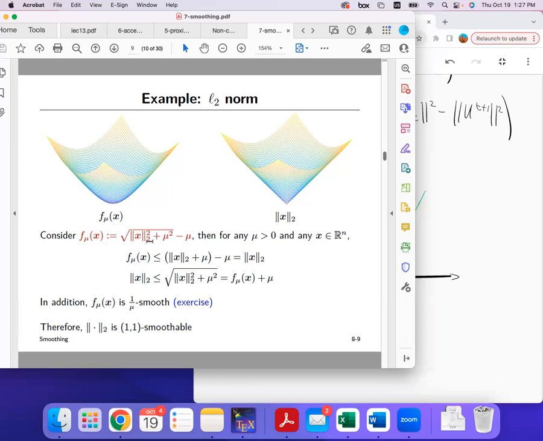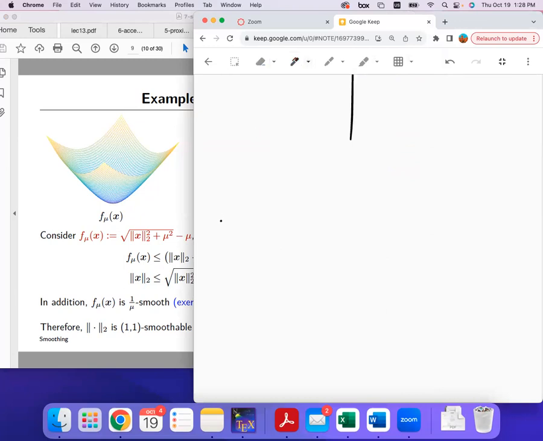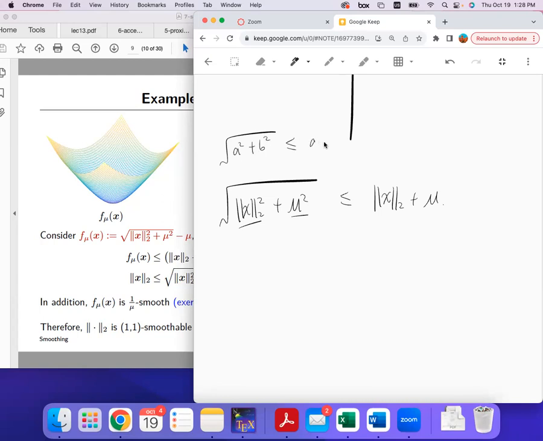First of all, this function is less than or equal to the L2 norm, because f mu of x, this square root, is less than or equal to the L2 norm plus mu, by this fundamental inequality: for any two positive numbers, the square root of the sum of squares is less than or equal to a plus b.